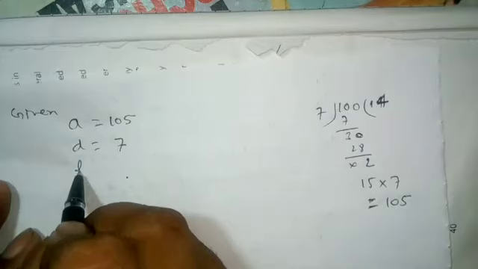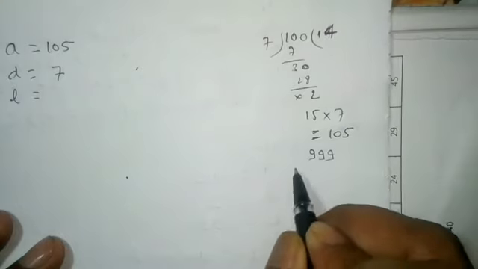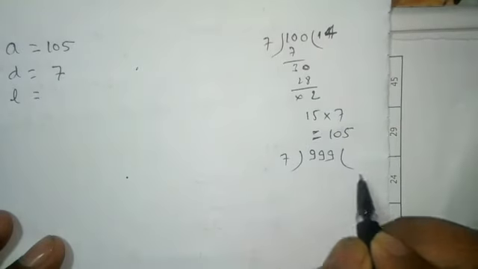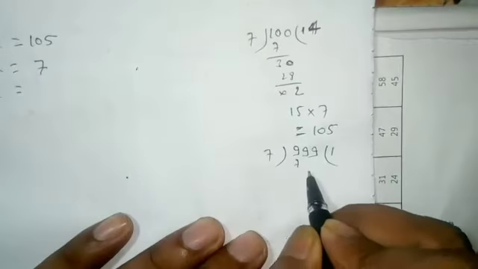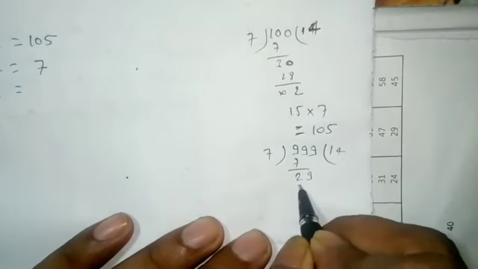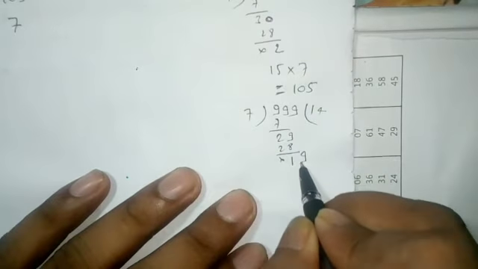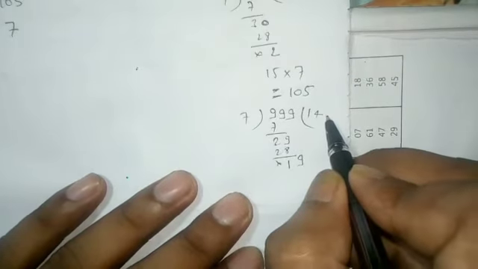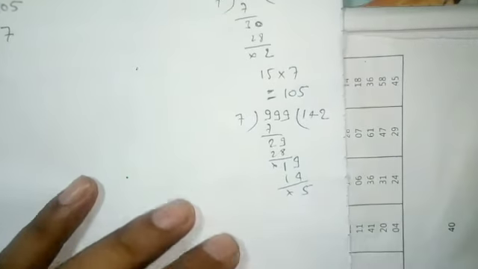L is equal to, the greatest 3-digit number, 999. Now I am dividing by 7. Then 7 1 are 7, 7 4 are 28, 7 2 are 14. Now the remainder is 5.